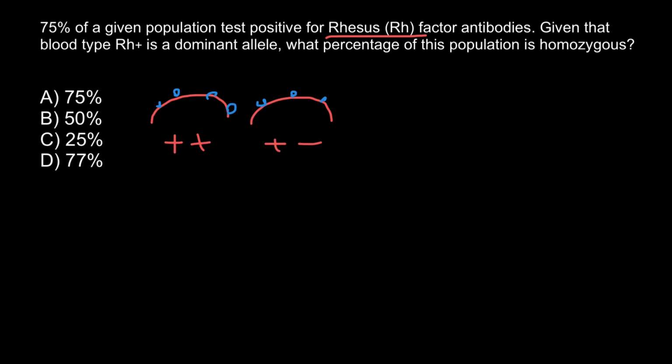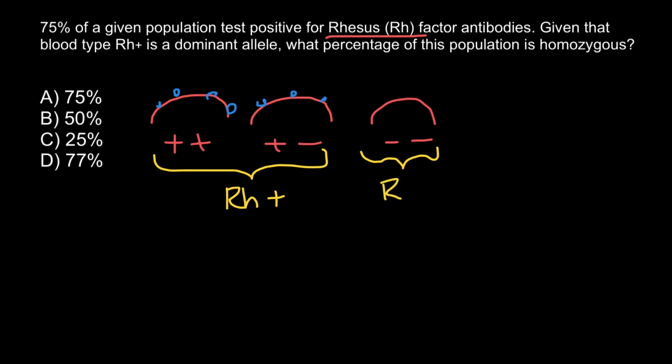And we can also get the second phenotype and third genotype, and this is going to be Rh negative, and the genotype is going to be negative, negative. So these two genotypes would make the Rh positive phenotype, and this one would make the Rh negative phenotype.